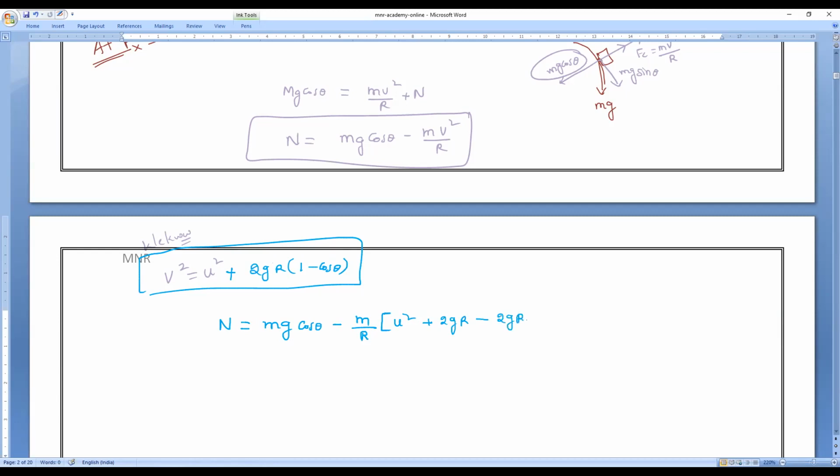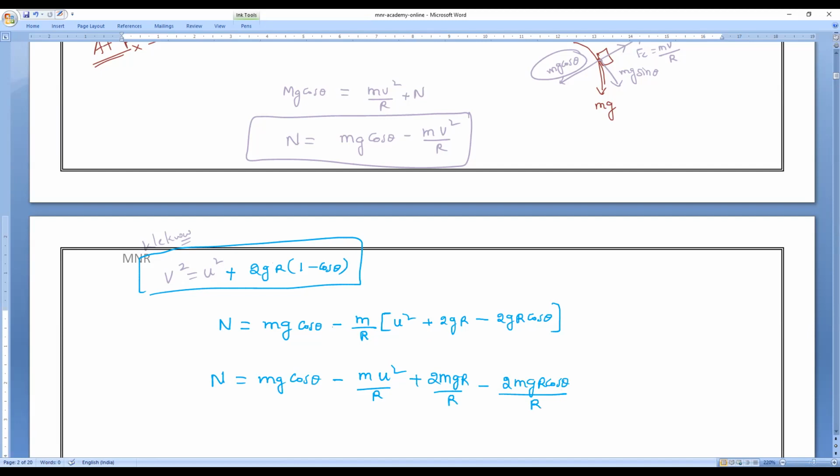Next, N is equal to mg cos theta minus mu square by r plus 2mgr by r minus 2mgr cos theta by r.